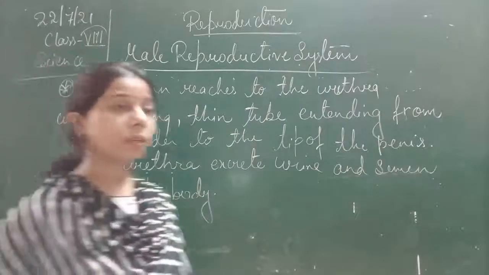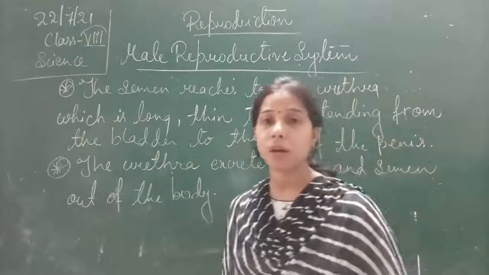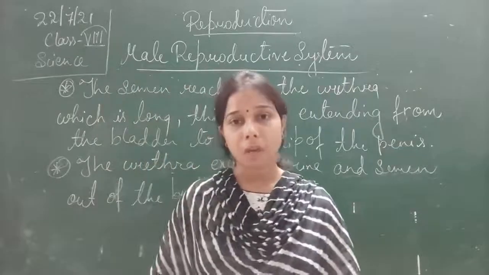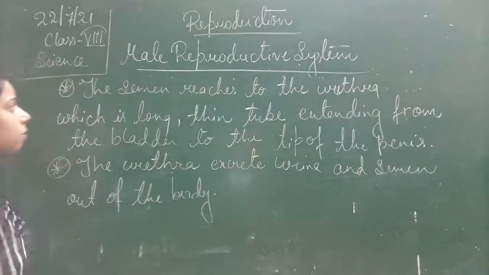Okay, so semen reaches the urethra and finally it will be excreted out. Students, this is the whole male reproductive system. Now let us see the female reproductive system.